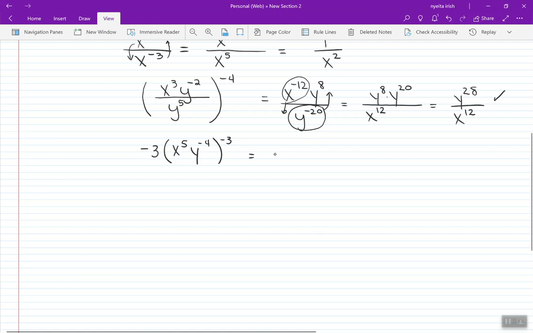The negative 3 is just hanging out in front. I'm raising the x to the 5th to the negative 3 power, so again, multiplying. Y to the negative 4 raised to the negative 3, so again, multiplying the powers together.